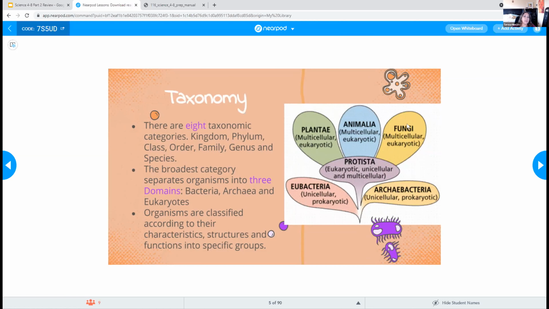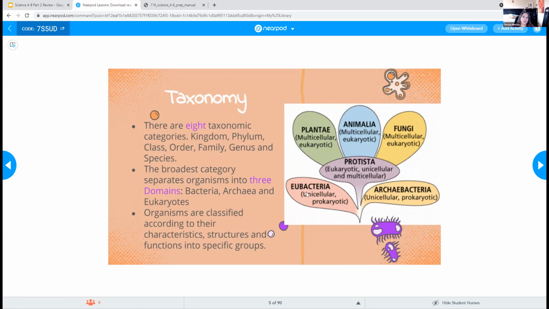These are actually going to be heterotrophs, and they'll decompose things, and that's what they eat. Your Protista is kind of like a catch-all kingdom. They're eukaryotic, typically unicellular, or they can be multicellular, but they're complex cells, and they don't quite fit in any of these kingdoms. So that's how they're considered that.